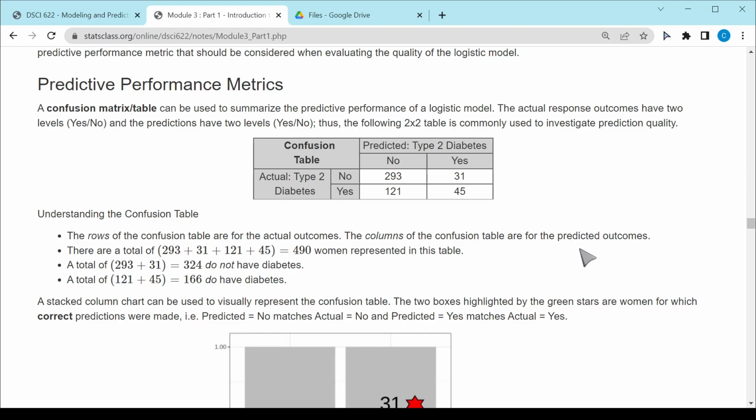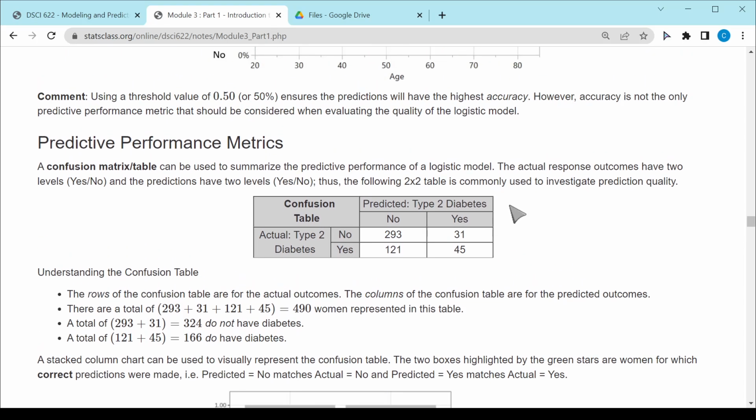Now we're ready to talk about the performance metrics for these predictions. The first thing that is created is what is called a confusion matrix or confusion table. Let's take a minute and understand what is being presented in this table. The rows of this table are the actual outcomes, and the columns are the predicted outcomes. How many total people are in my analysis here? I can just add up the 293, 31, 121, and 45.